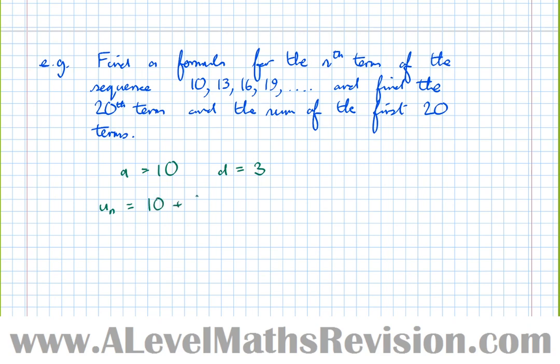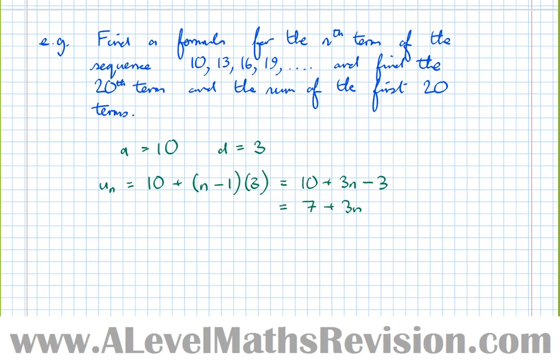And there's our formula, which needs to be simplified. 10 plus 3n minus 3 equals 7 plus 3n. You can always check that that works by subbing in values of n. So n equals 1 gives 10, first term. n equals 2, 7 plus 6 is 13. Yeah, that looks right. So we found the nth term. So let's conclude properly. Therefore, u_n equals 7 plus 3n.